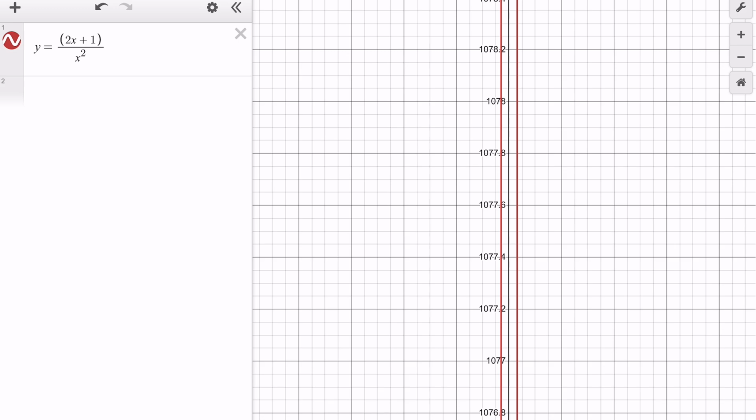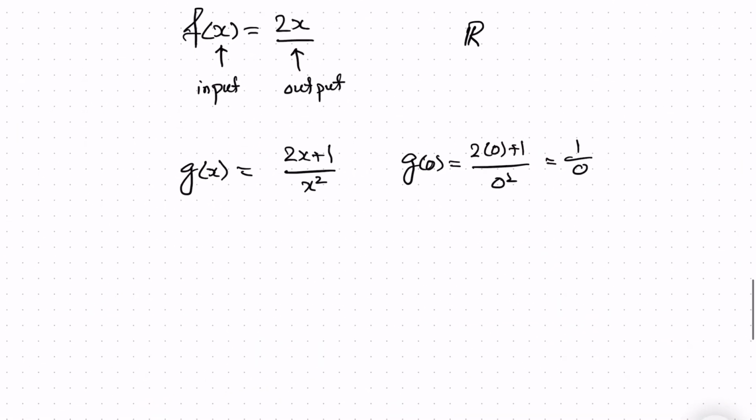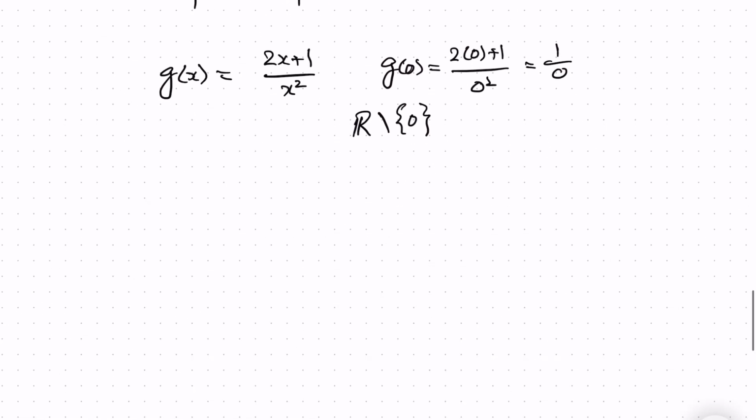So we say that this function has a problem with 0, so its domain is all real numbers except 0. Or you can say that from negative infinity to 0, union from 0 to infinity. That's another way to say the same thing.